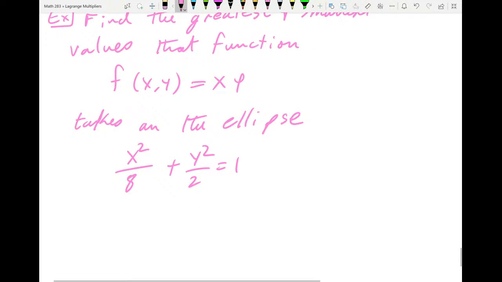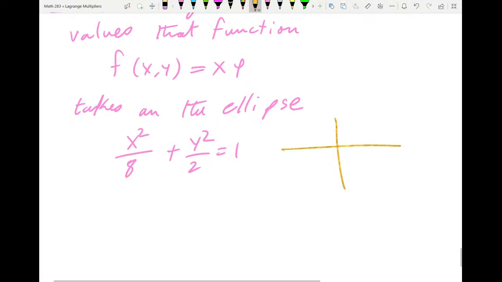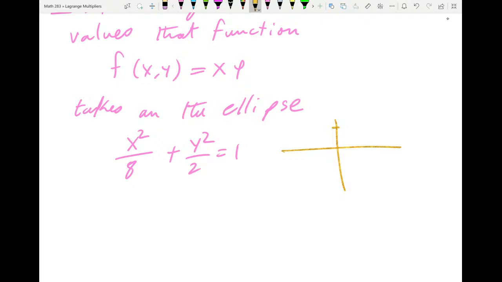Do you guys remember how to graph this? What is this? Square root of 2, 2, and 2, right? Square root of 2, negative square root of 2, and over here is square root of 8, negative square root of 2, 2. That's the ellipse right over here, okay?